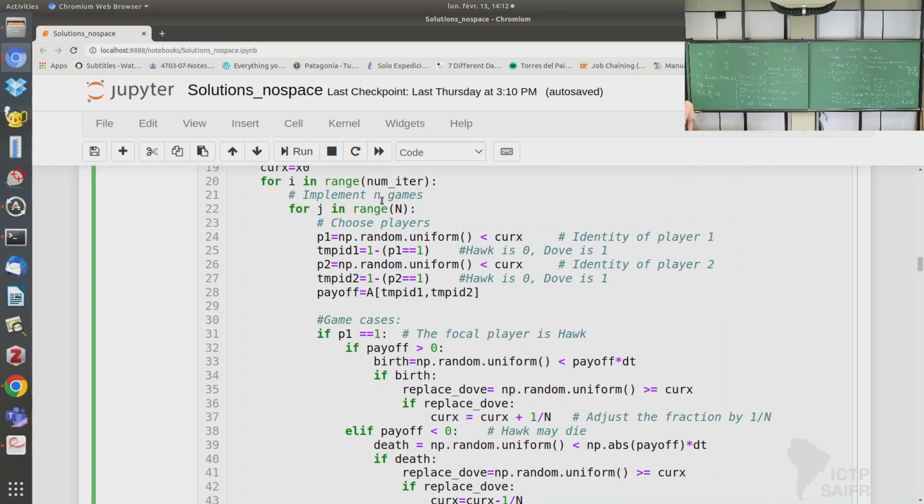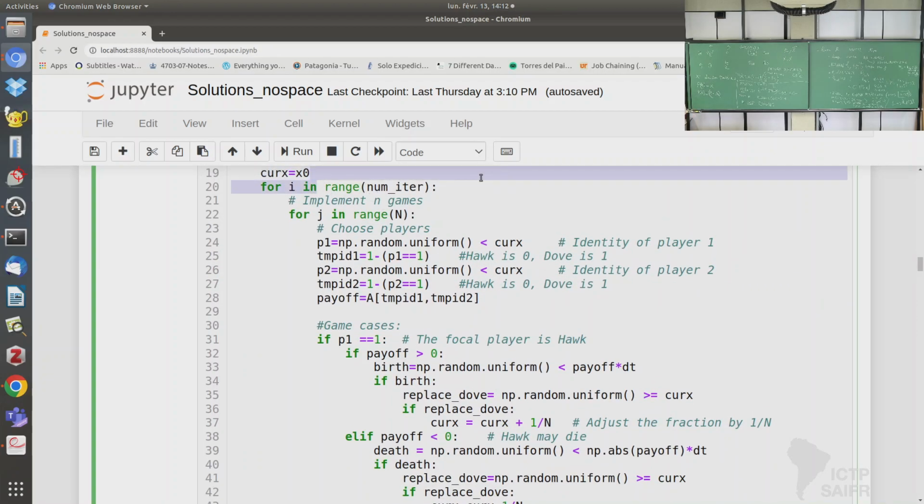But here you loop over time, as we saw, and you loop over the games. Then you draw player 1. Here it's a non-super readable way of telling the algorithm if player 1 is a hawk, is the first entry. If player 2 is a hawk, is that entry or not?